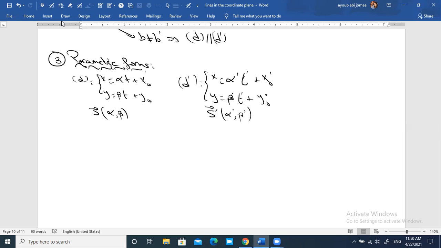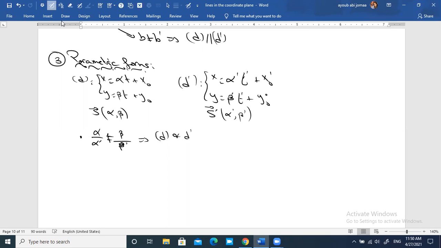Same idea: you have to check if these two vectors have the same direction or not. To do that, find the ratio alpha over alpha prime, beta over beta prime. If alpha over alpha prime is not equal to beta over beta prime, then the two lines are intersecting.